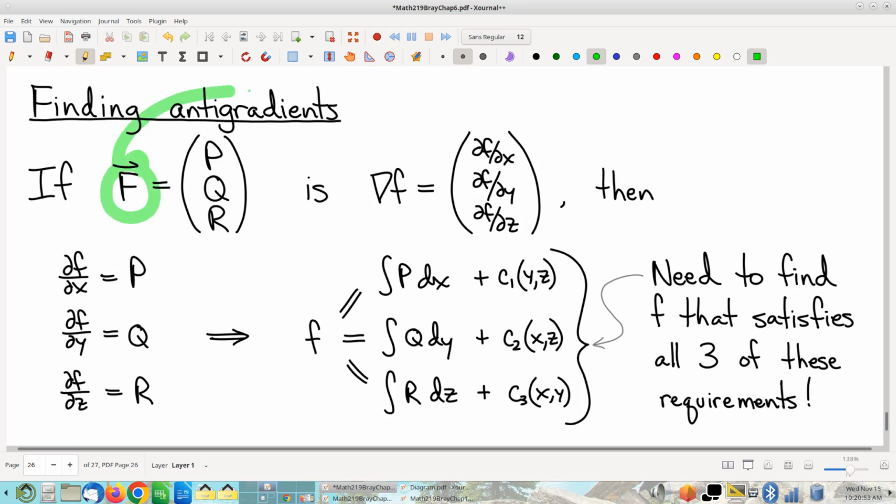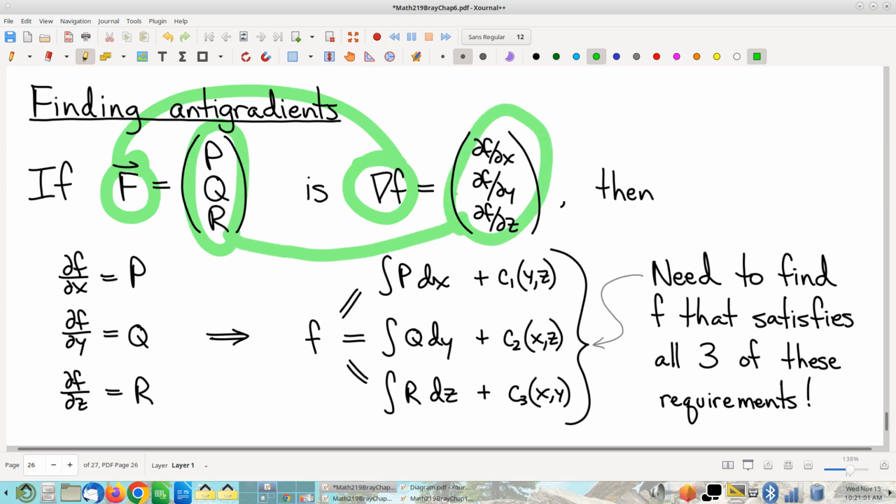If you want your vector field to be a gradient, keep in mind that what that means is that the components of your vector field have to be the components of the gradient. And that just tells you three equations about what the partial derivatives of this little f must be. That's the first observation.